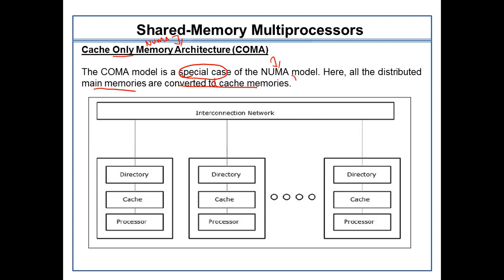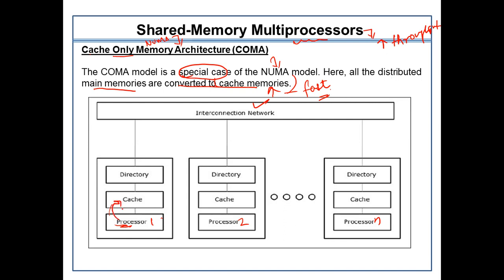Why have we done so? Because cache is very fast. Ultimately, through multiprocessors, we are just trying to increase the throughput, right? So here is the interconnection system, and here is the cache allocated to each processor. These are the different processors.